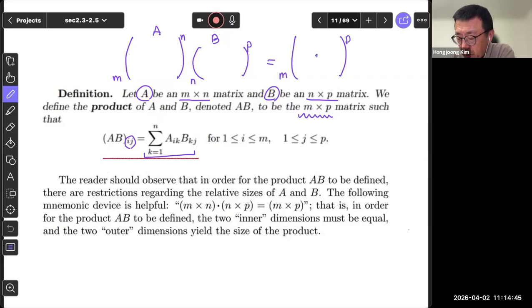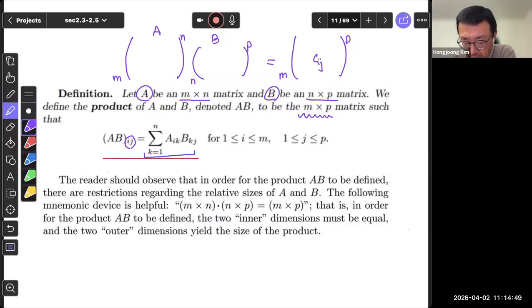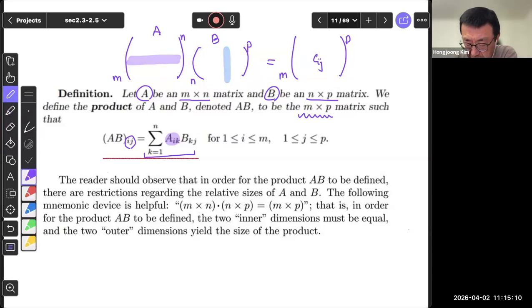As k goes from 1 to n, aik represents the ith row entries of A, and bkj represents the jth column entries of the B matrix.